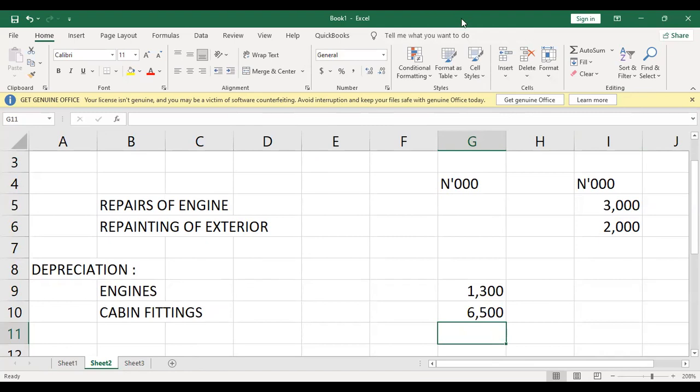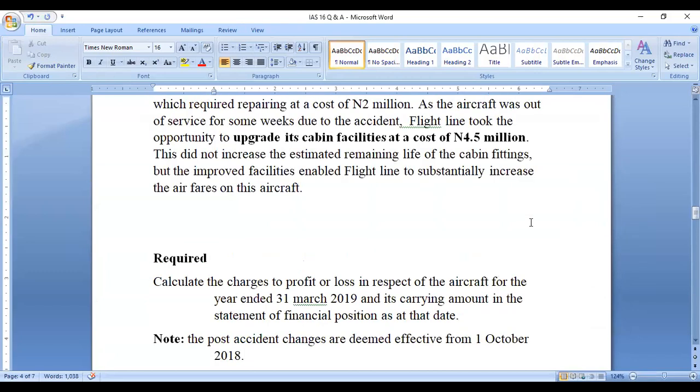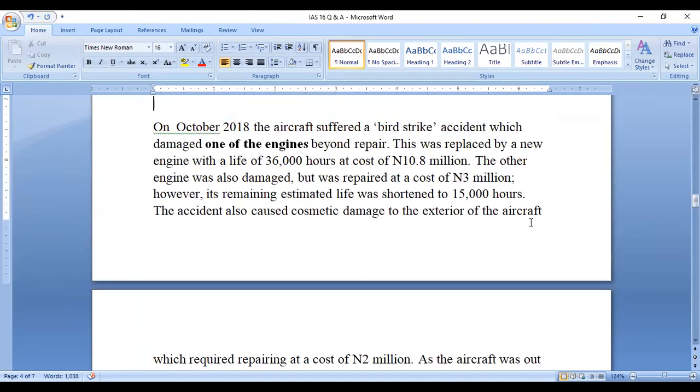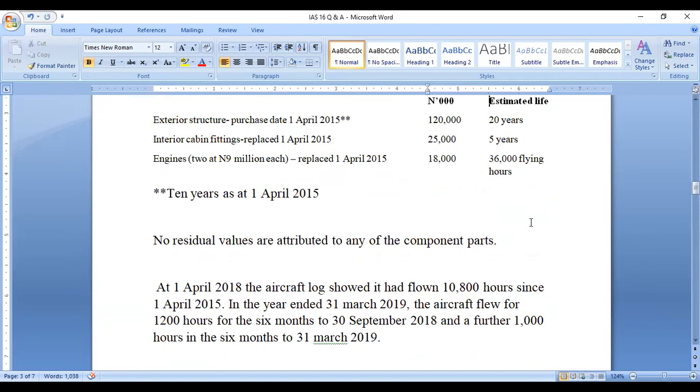Let's check our question. What did they say about exterior? We were told that the exterior structure was purchased for 120,000 and has a useful life of 20 years. So, depreciation on exterior.